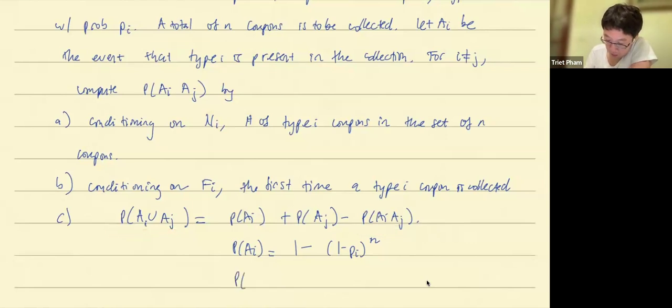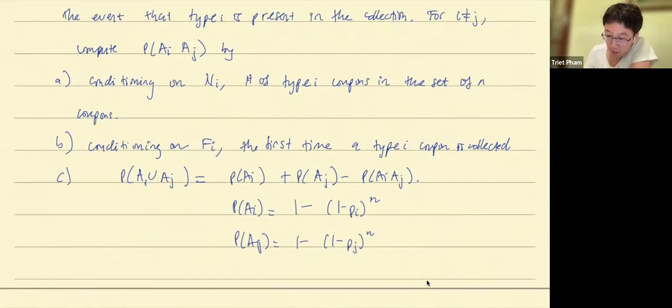Because, let's fill this in. This is both coupons present in the collection. Well, what does that mean? At least one coupon must be of type I, and at least one coupon must be of type J. How many, who knows?